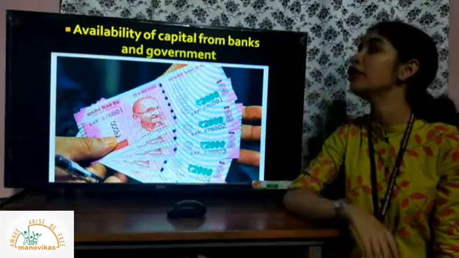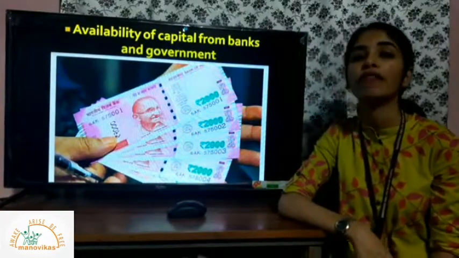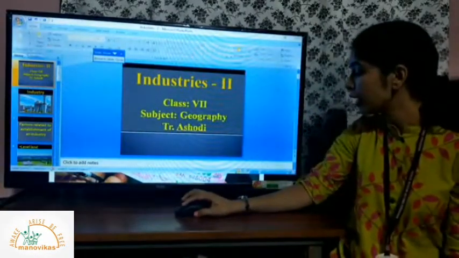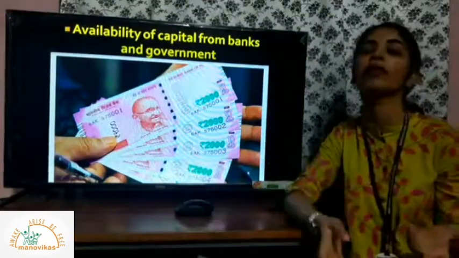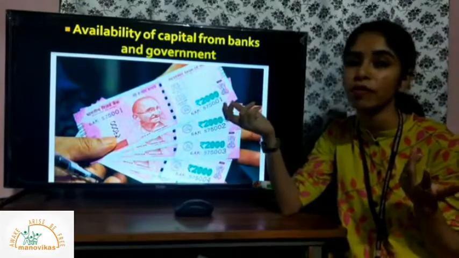Then availability of capital from banks and government. Now, if an entrepreneur wants to come up with an industry, then the main requirement is money, right? Without capital, how can a person go ahead with manufacturing different types of goods?